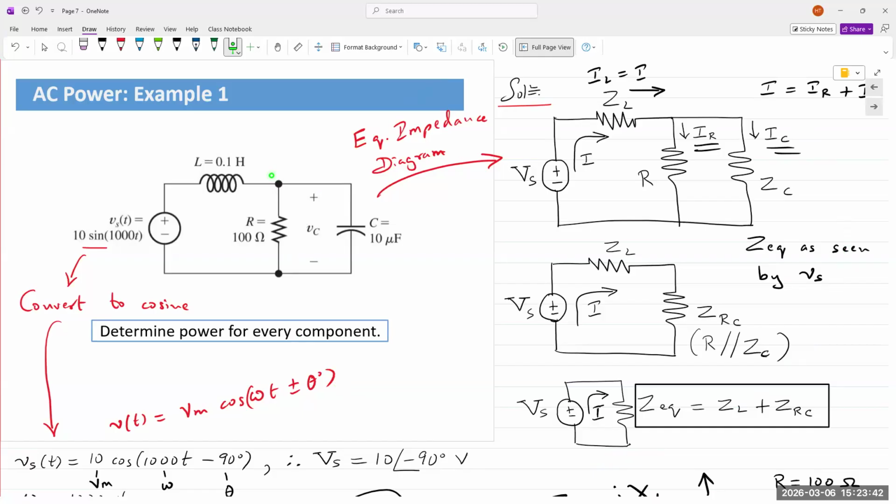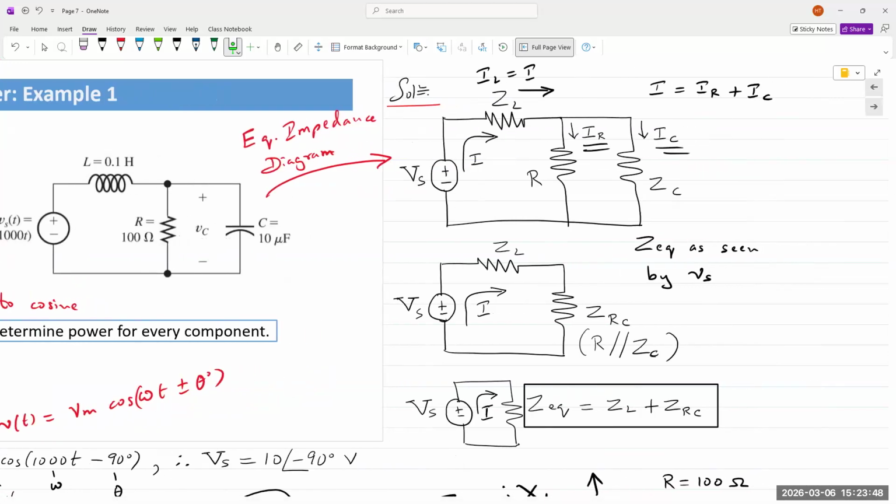The first thing to do in an AC analysis circuit is to draw the equivalent impedance diagram. So I converted everything to its impedance. R stays the same. L is converted to ZL. C is converted to ZC. Then we use DC resistive analysis techniques to reduce this to one single REQ.